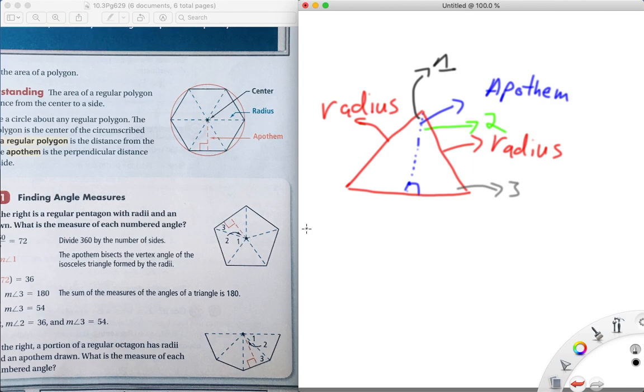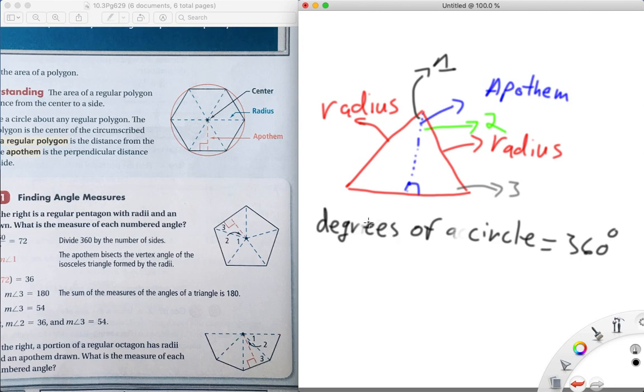and we all know that the degrees of a circle is 360 degrees.